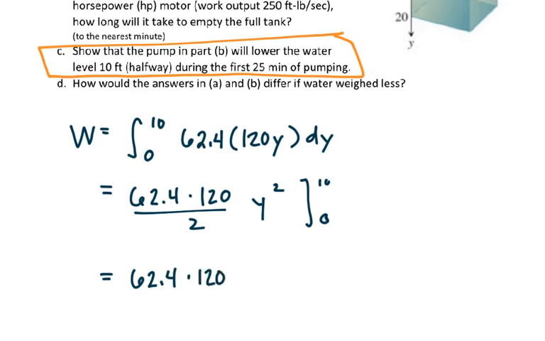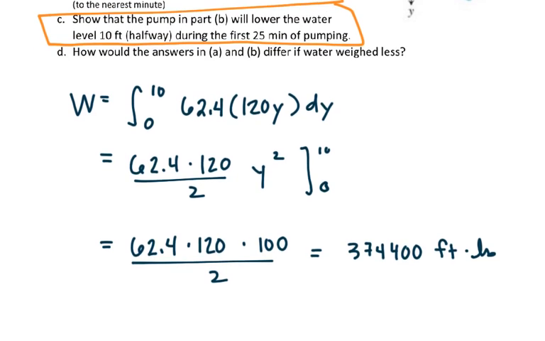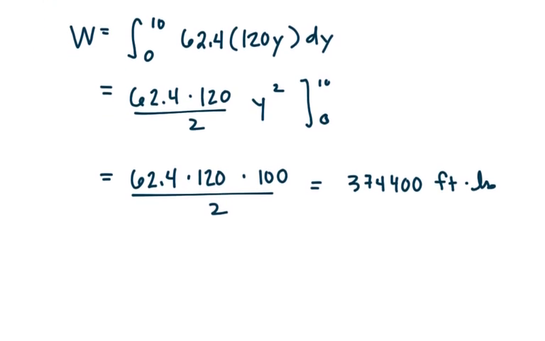62.4 times 120 times y squared, which gives me 100, all divided by 2. And we end up with 374,400 foot-pounds of work. So the time in that situation would be the actual work, the 374,400, over the work output, which was the 250 associated with the pump motor.